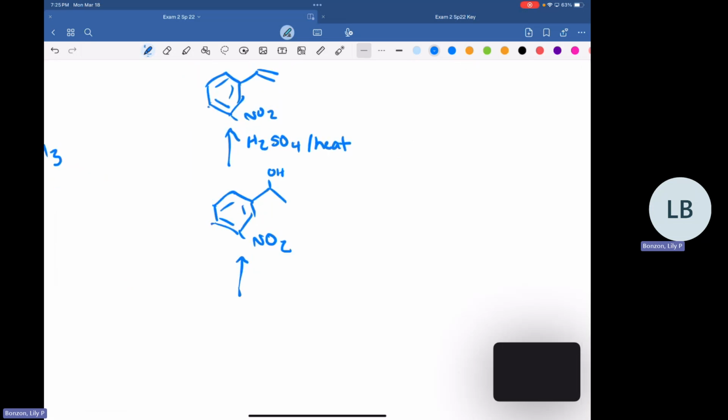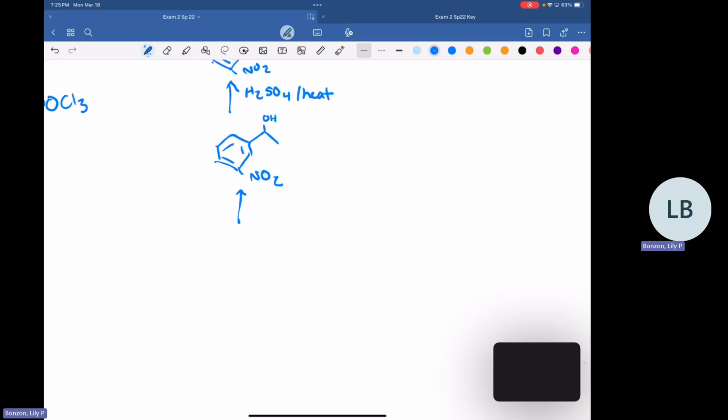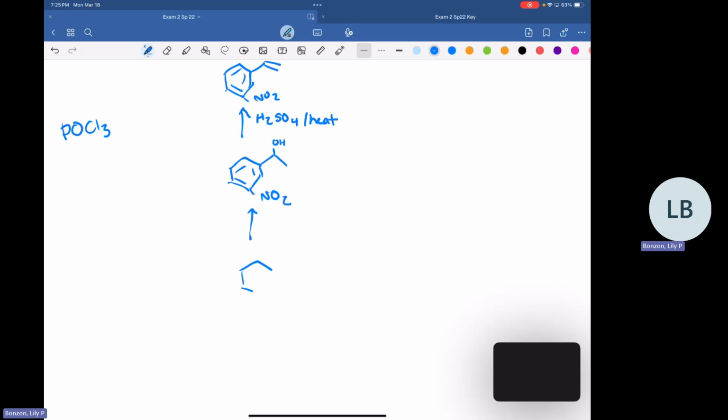Okay. So we have an alcohol on here. We have our meta group. So thinking back to the reactions that we can do to add carbons onto a benzene ring, we can do our acylation or alkylation.